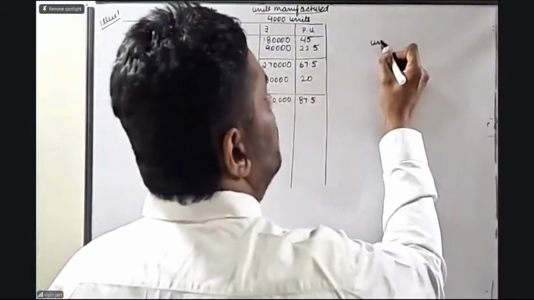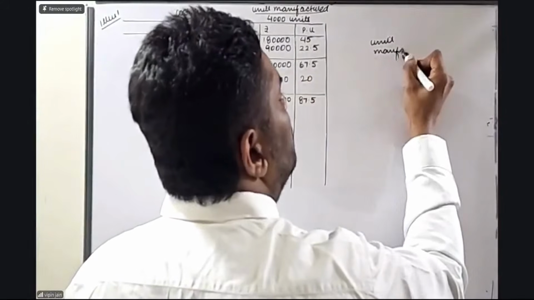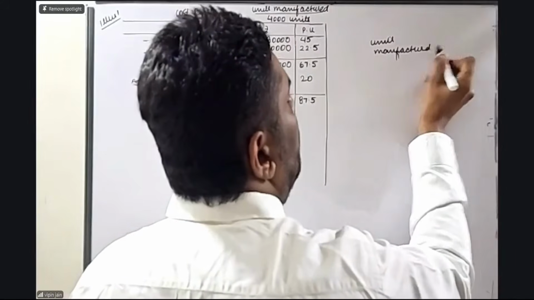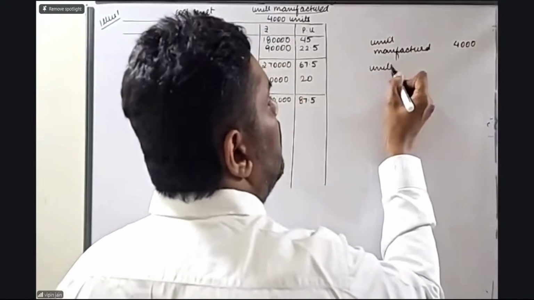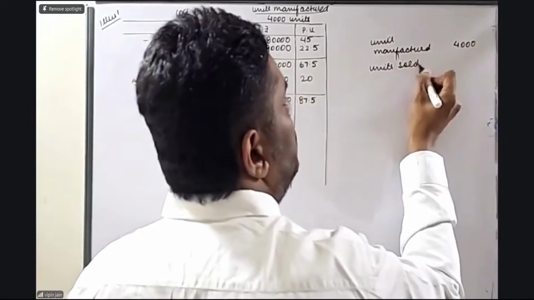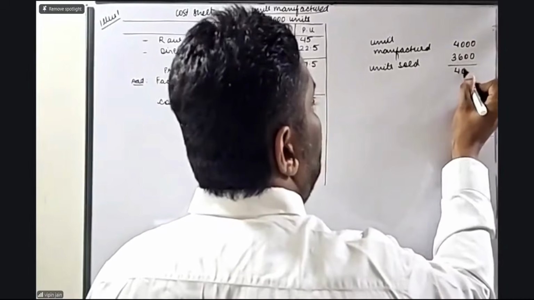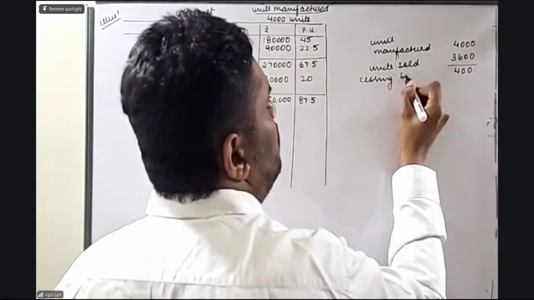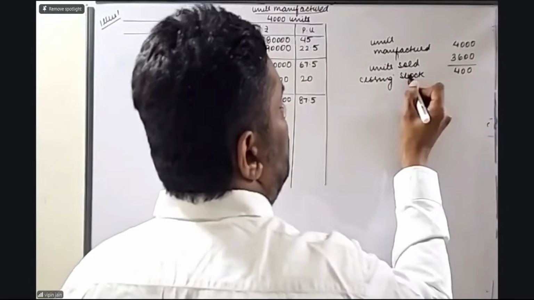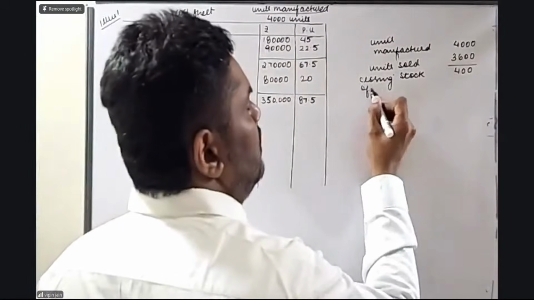So units manufactured were 4,000 and units sold were 3,600. It means 400 is closing stock of finished goods.